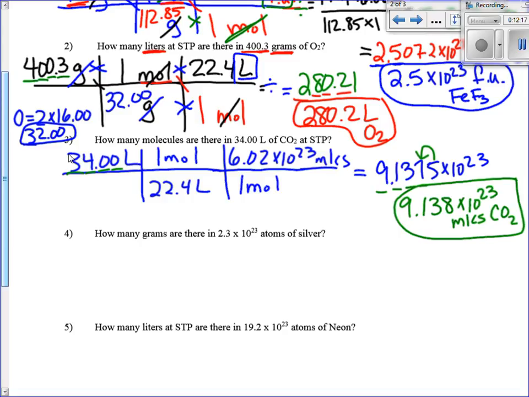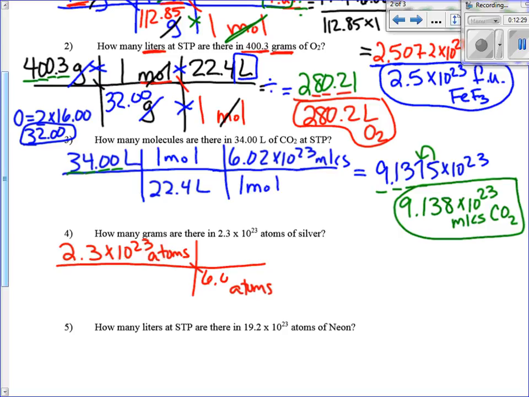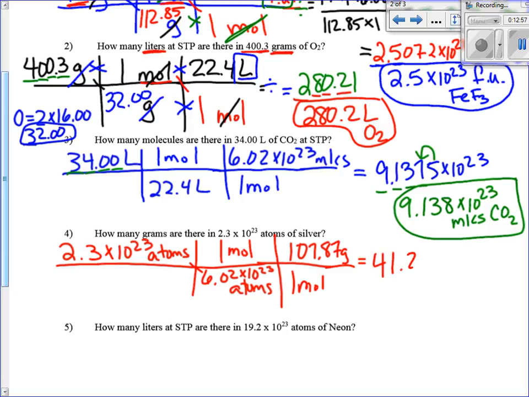Check that answer real quick. Okay. Everybody do okay on 3 and 4?